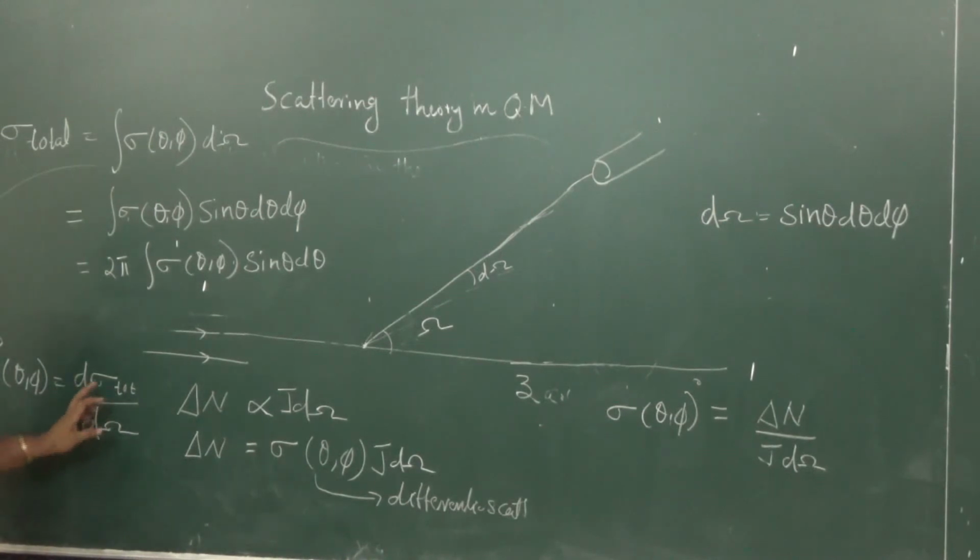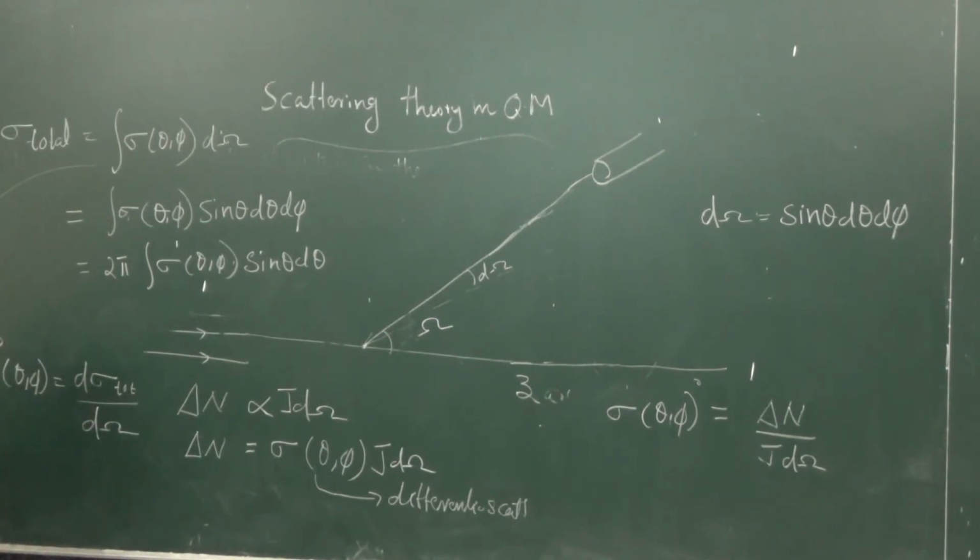That's why it is called the differential scattering cross section: you have to differentiate sigma total with respect to omega, the solid angle.